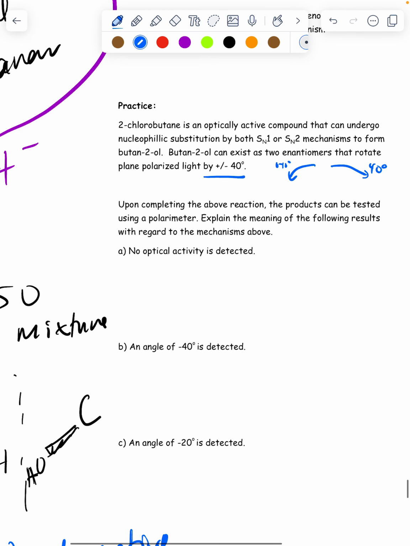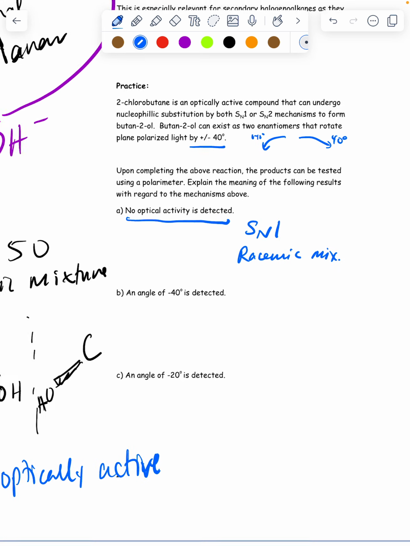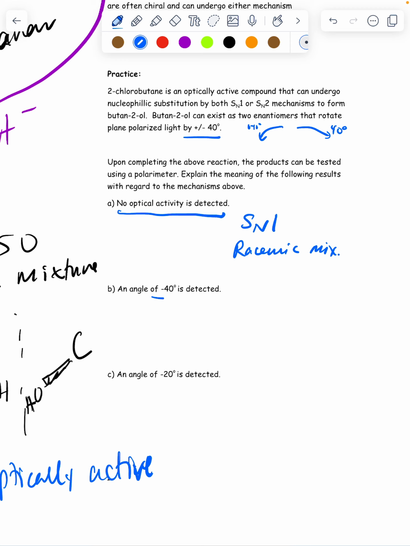So if no optical activity is detected in the products, you would know that you must have done the SN1 mechanism, and you must have that racemic mixture produced, where you have a 50-50 mixture of both enantiomers. If you have an angle of minus 40 detected, that would imply you'd only done an SN2 mechanism, because you have the full rotation that matches butanol's rotation.